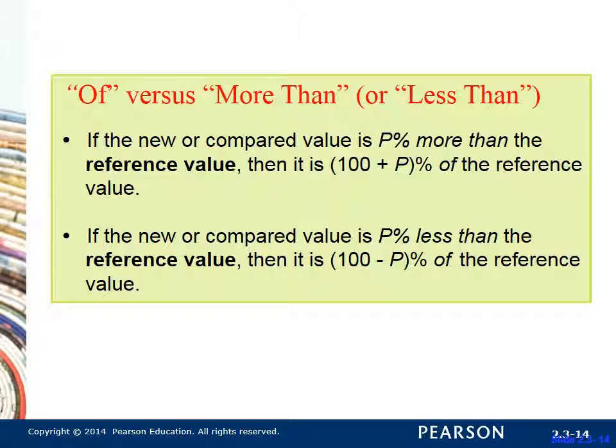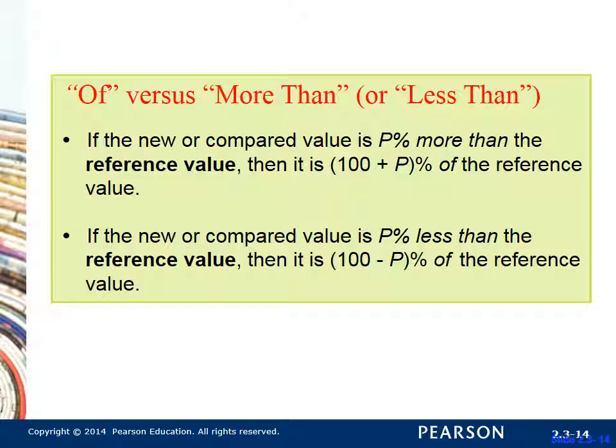Or in other words, 100 minus p% times that reference value. So if I want to say 64 is 20% less than 80, then I would do 100 minus the 20, which would give me 80% times that 80 to give me 64.